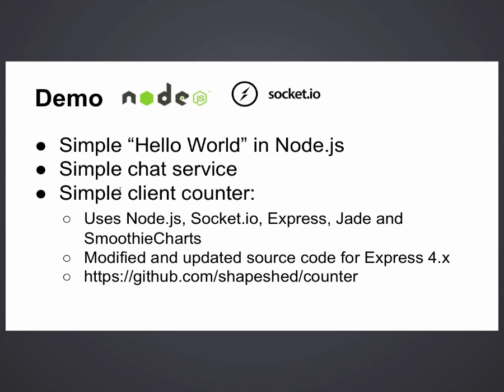So for example, if I open two tabs accessing the same port on localhost, if you try to type something on one, you'll see it appear on the other. So let's say hi, and then you should see it on this side. So this is the simplest chat example that you can do with Node.js and Socket.io.